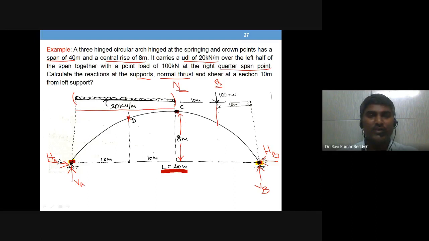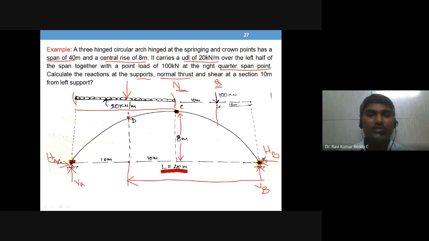So 20 into 20 will give you point load which will act at the middle of the loading span, and you need moment at this point, so the load is acting here, so you need to multiply with this distance.